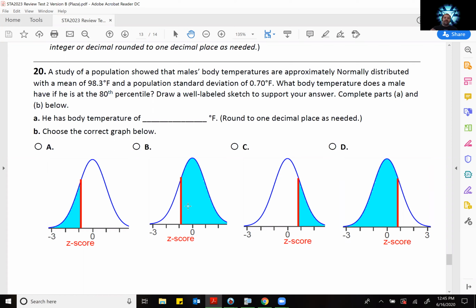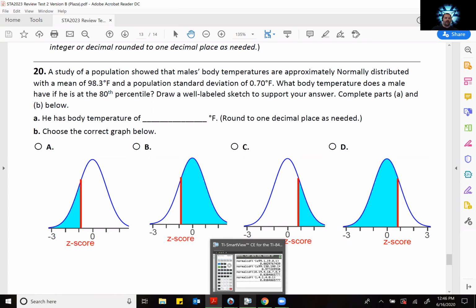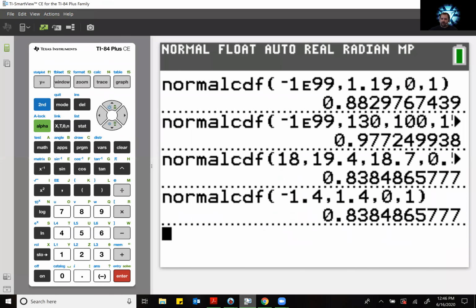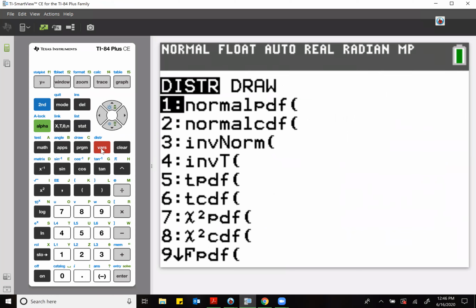So they are having us reverse this. This percentile, that's your percentage. Okay? Does that make sense? So we are reversing this. Let's talk about how we do this on the calculator. Okay? So 80th percentile. If you hit second and vars, where are we going to go now? We are reversing this, or another word for reverse is inverse.